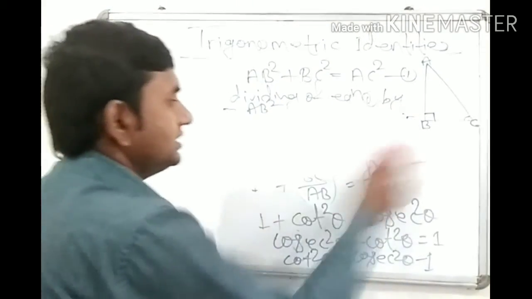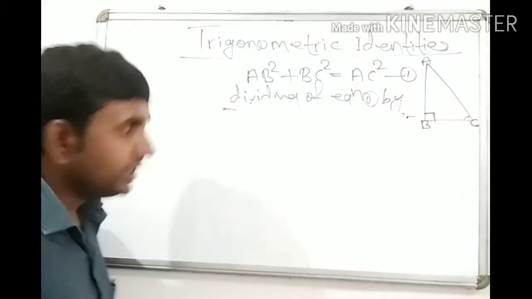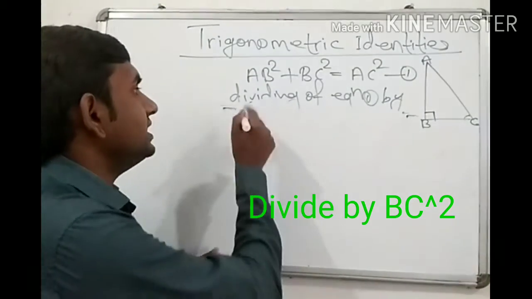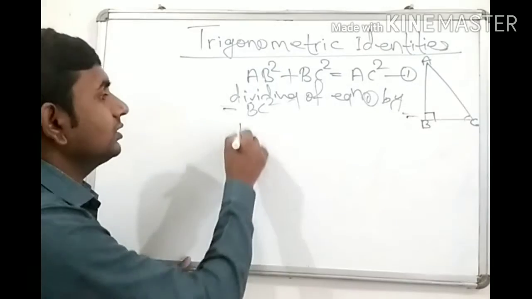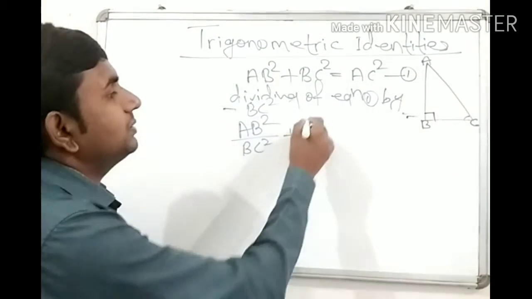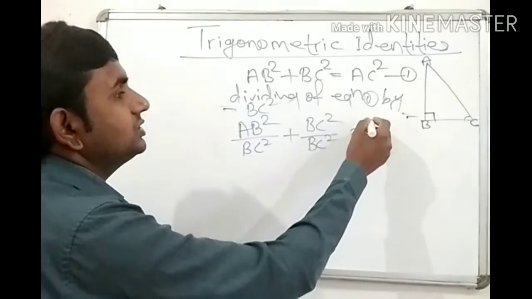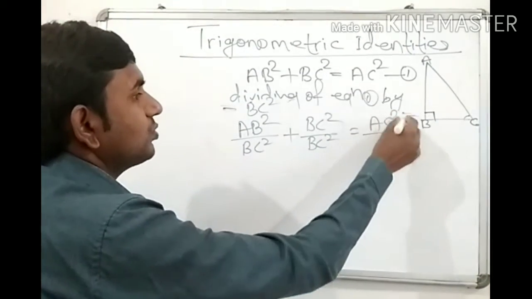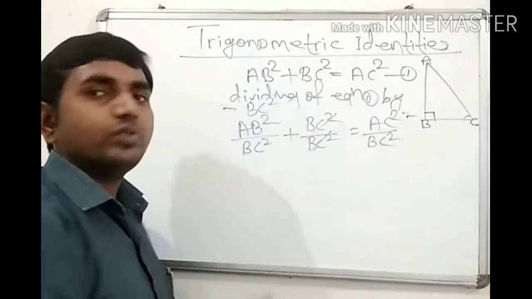Now in the third case, if we divide by BC square, then we have AB square by BC square plus BC square by BC square is equal to AC square by BC square. Here BC square cancels.